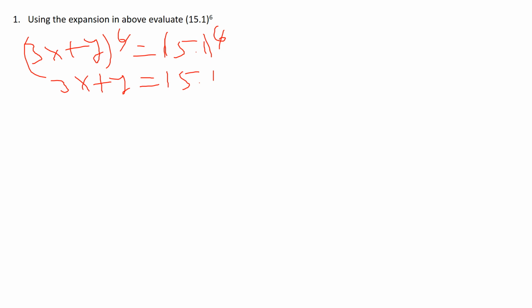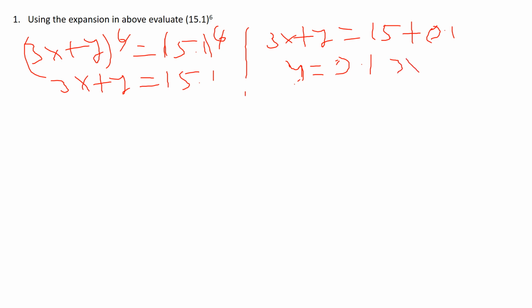So the first thing that we can do here, we can split the decimal part so that we have 3x plus y is equal to 15 plus 0.1. So we can say that our value of y will be equivalent to 0.1, and then we have 3x is equivalent to 15.